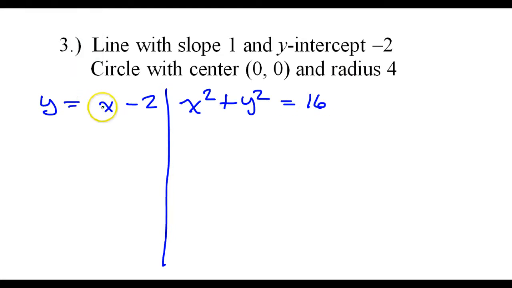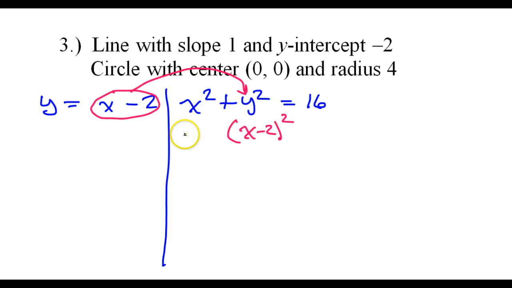So this is all ready to substitute, so I'm going to take this equation and put it in for y right there. So I'm going to wind up with x minus 2 squared because of the y squared.